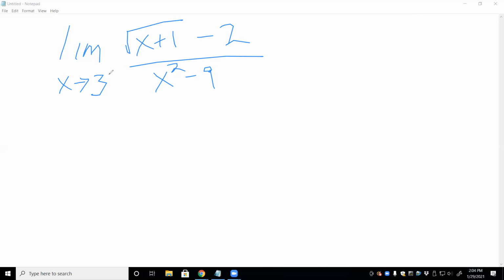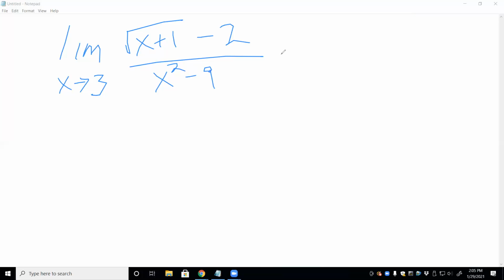And first of all, let's look at what happens if we just do a direct substitution. We get square root of 4, which is 2, minus 2, so we get 0 over 0. So a direct substitution is 0 over 0, which they all are.